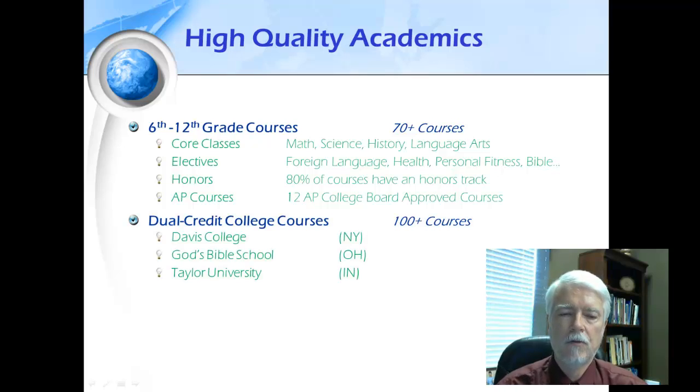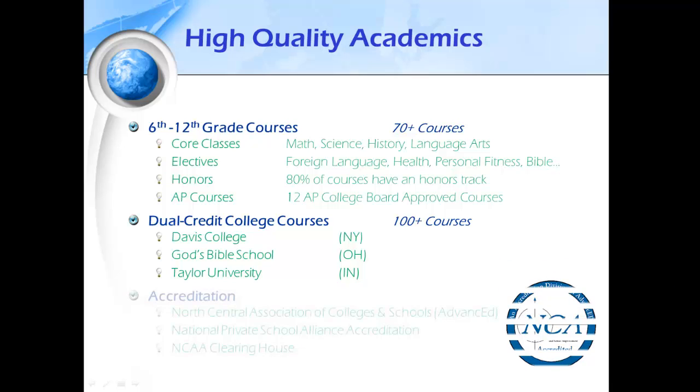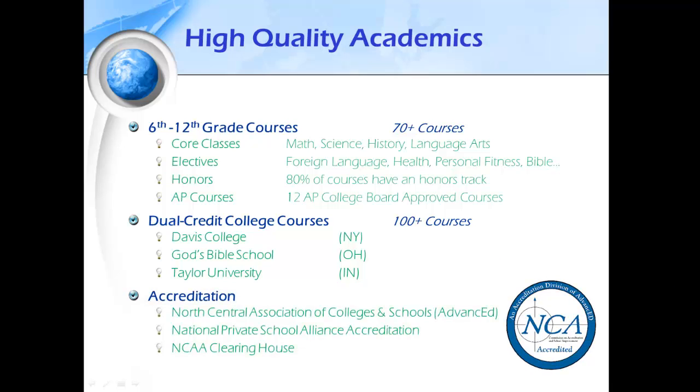They also offer over 100 dual credit college courses in conjunction with Davis College, God's Bible School, and Taylor University. And then finally, the Sevenstar Academy, if you were to take all of the classes from them, which they do offer that possibility, their academy is fully accredited by the North Central Association of Colleges and Schools, which is a subset of Advanced Ed, and here in the Southeast, SACS, Southern Association of Colleges and Schools, is also a part of Advanced Ed.